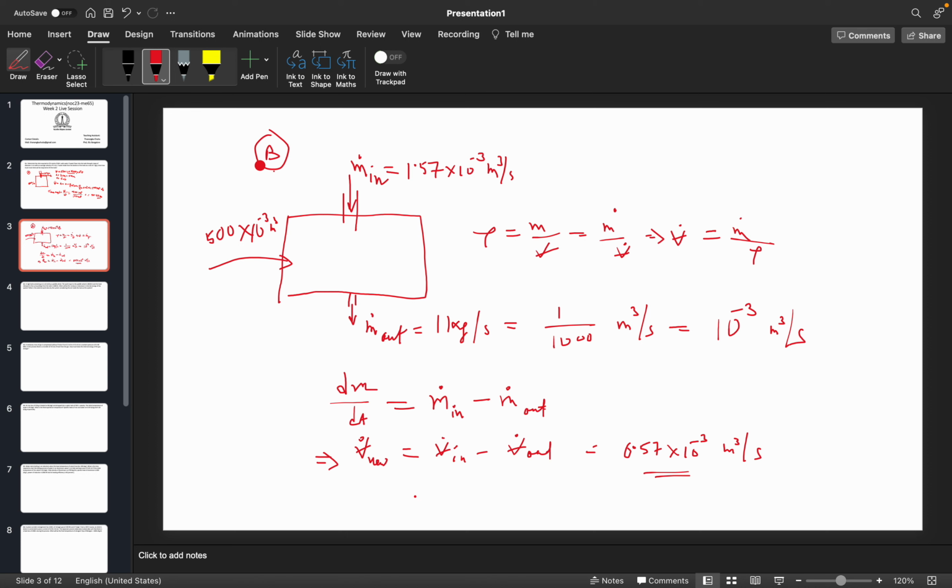So what will be the time required now? Time is equal to now 500 into 10 to the power minus 3 divided by 0.57 into 10 to the power minus 3. So the answer will be 500 by 0.57.